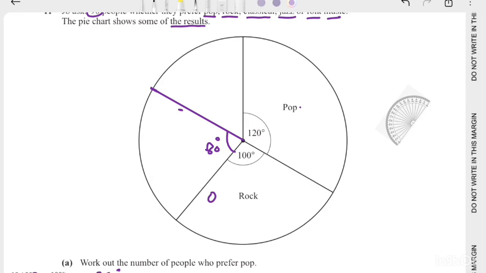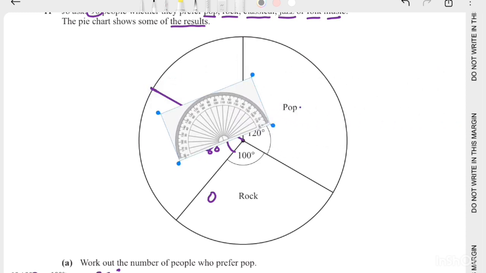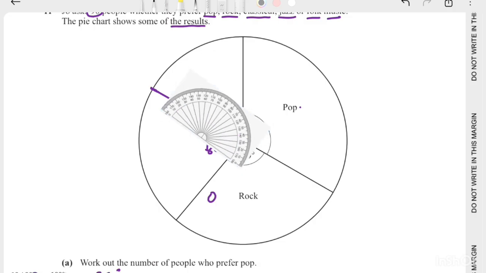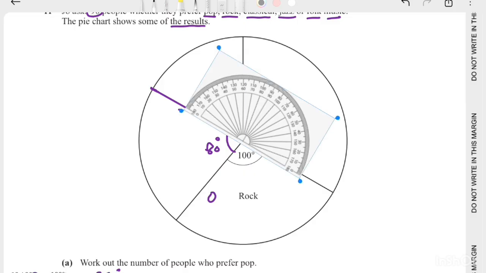So now we'll make this the baseline, and the 36 degree angle will be here. Now if you see, this is 0 degrees, and 10, 20, 30, 35 and 36. 36 would be here somewhere.